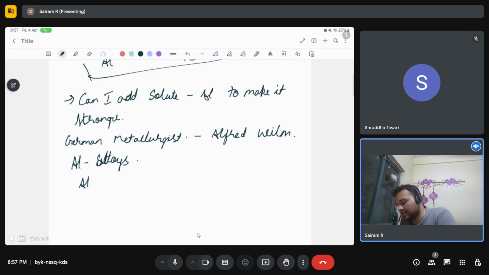So what he does is he adds aluminum, copper, magnesium, manganese, and probably silicon as well. And this is called duralumin. He adds all these things.